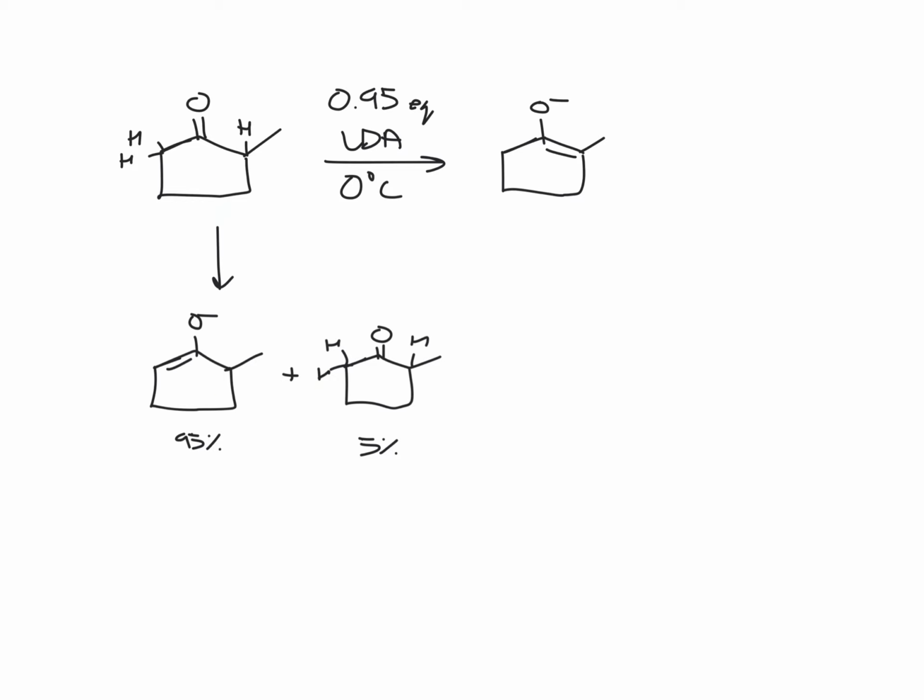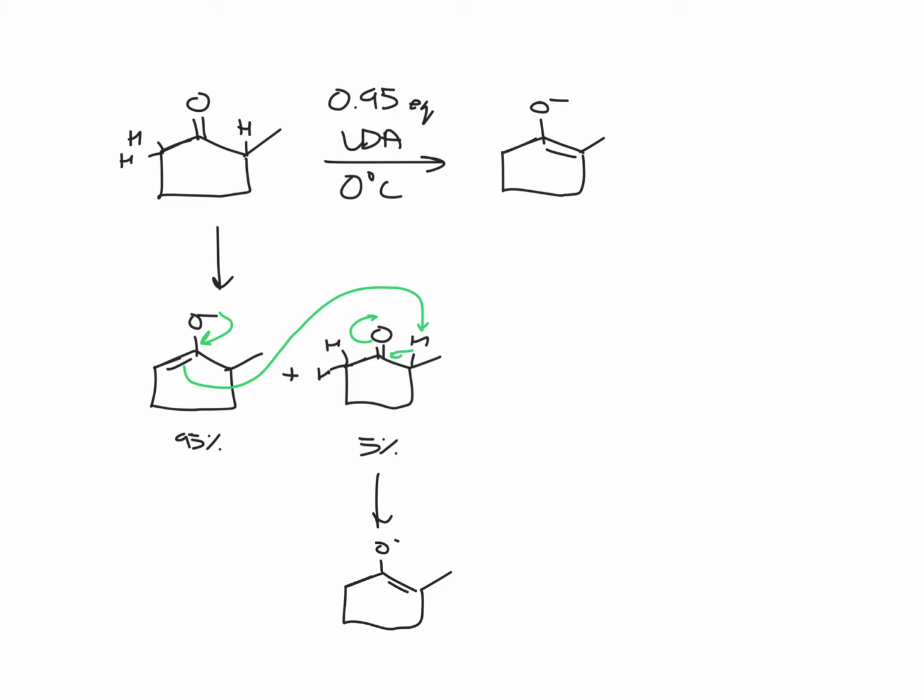But occasionally, this enolate is going to pick off that hydrogen. And when it does, it's going to generate a different enolate. And what we're going to see from there is that the enolate that's generated from that proton transfer is going to be this.